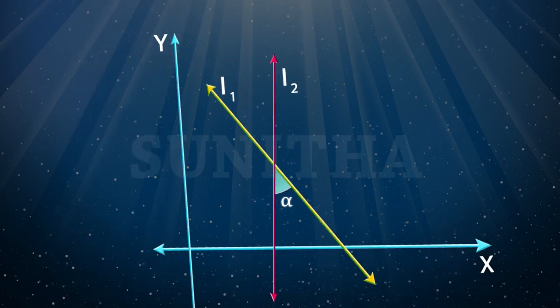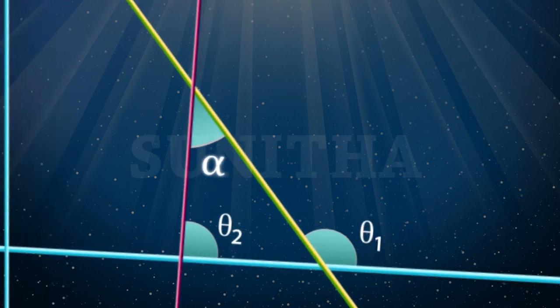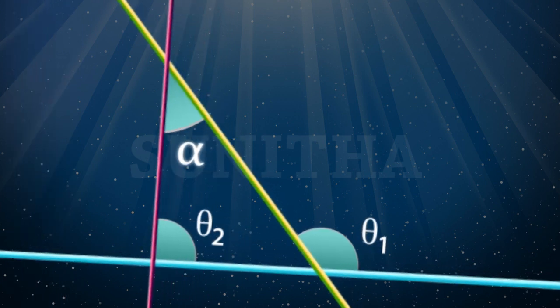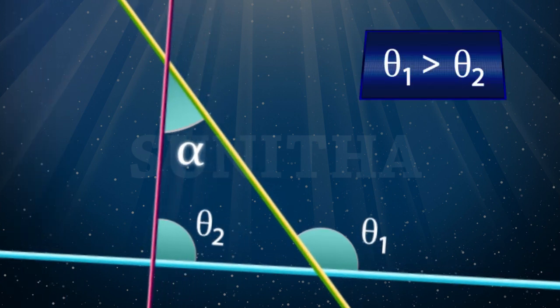We shall obtain the measure of tan alpha in terms of the slopes of lines L1 and L2. Lines L1 and L2 make angles θ1 and θ2 with the positive direction of x-axis. Let us suppose that θ1 is greater than θ2.